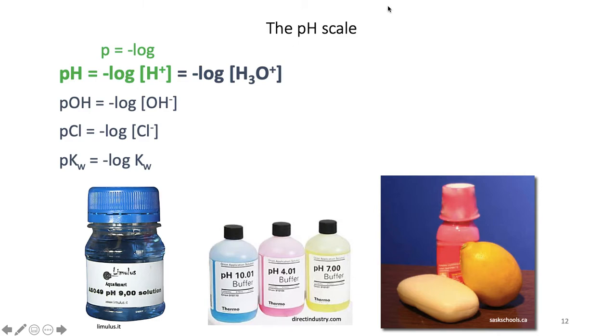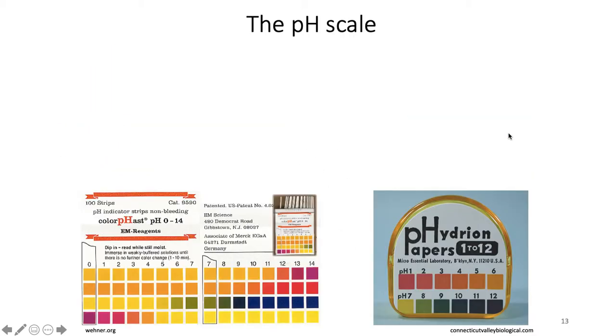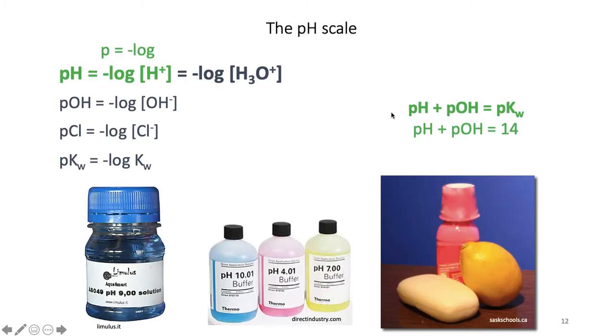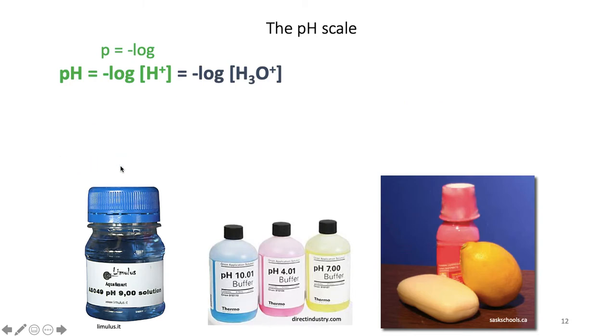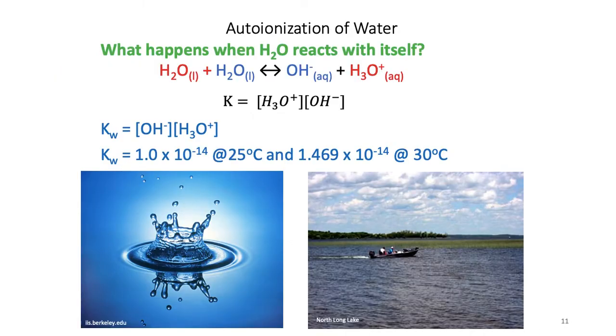We use the pH scale, once again, which is minus log of the H plus or H3O plus concentration, to tell us how acidic or basic something is. I did not take the time here to derive where this comes from, but it comes from this.